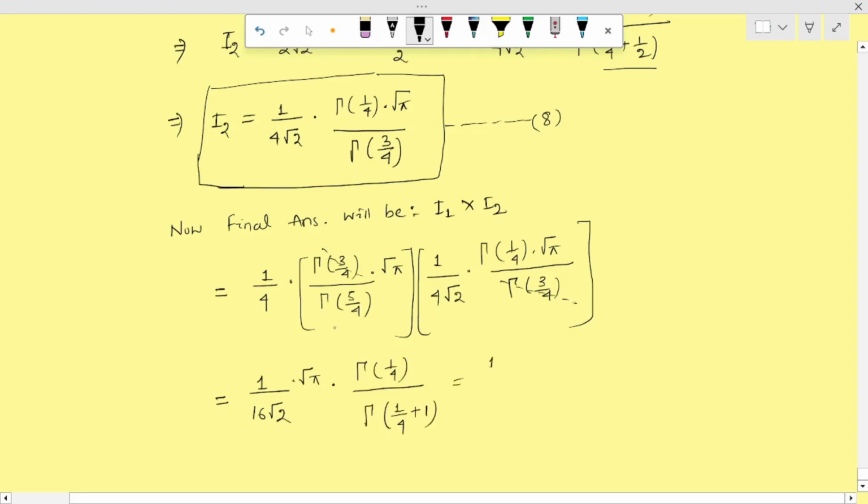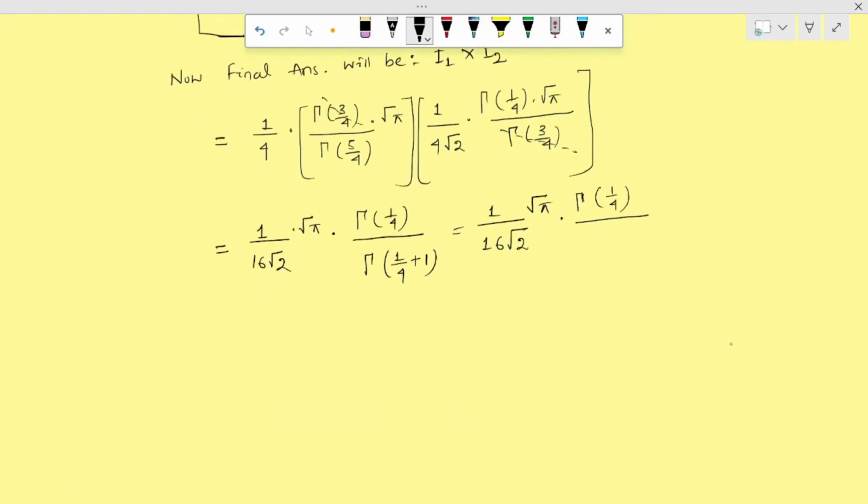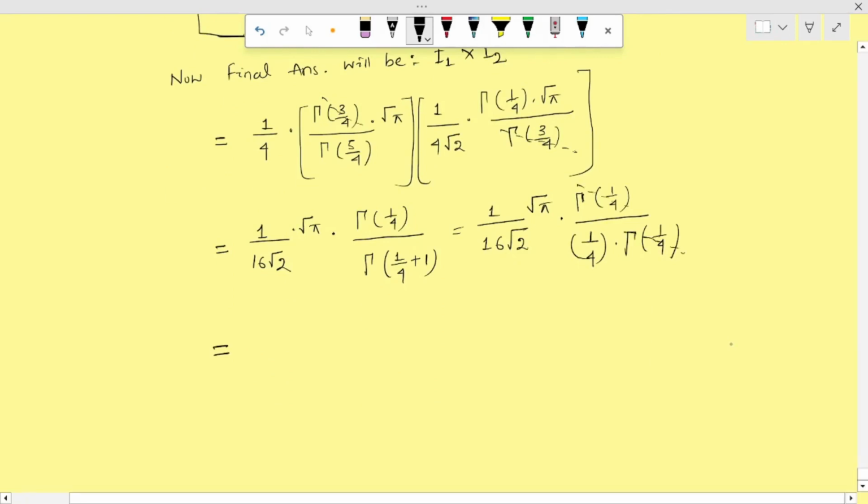So here we are going to use the first property, that is gamma n plus 1 is n gamma n. It will be 1 by 4 into gamma 1 by 4. So finally gamma 1 by 4 and gamma 1 by 4 get cancelled. Here 4 into 16, if I divide, finally we found root pi by 4 root 2 is the answer.